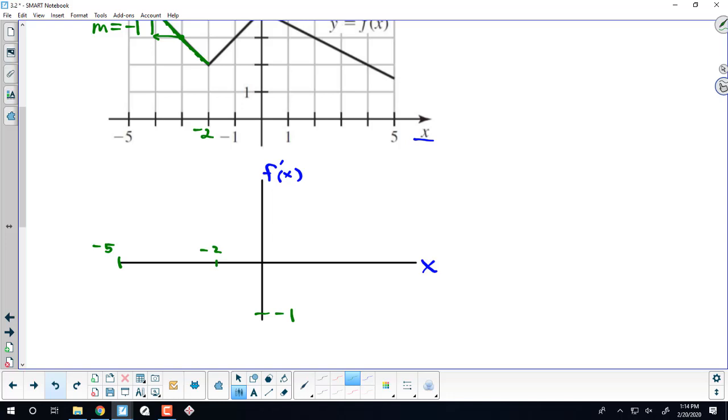So what that's going to look like is just a straight line. It's constant. Does that make sense? Anyone have any questions about that?